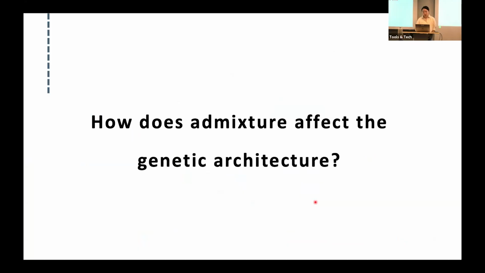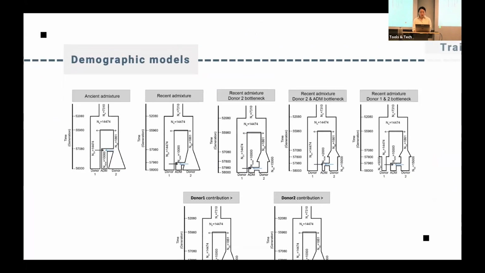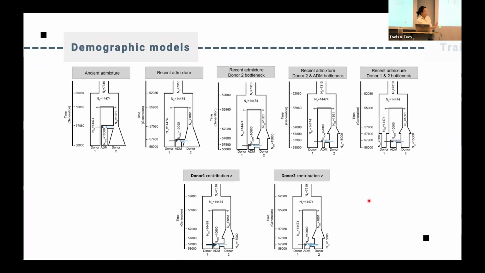So using that framework, we investigate the role of admixture in shaping the genetic architecture of complex traits. And because we want to explore the effects of admixture, we played around with different demographic models as well as trait architectures. So here I'm showing all the demographic models that we've looked at, but overall the big framework follows Gravel's human demographic model, but we varied parameters like the time of admixture.